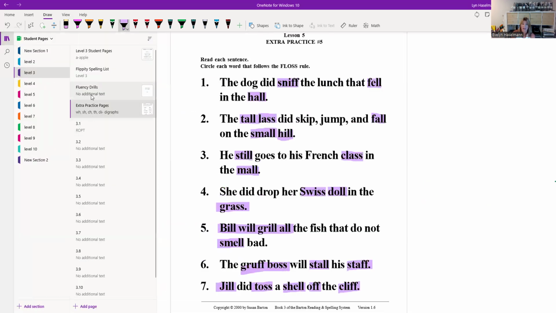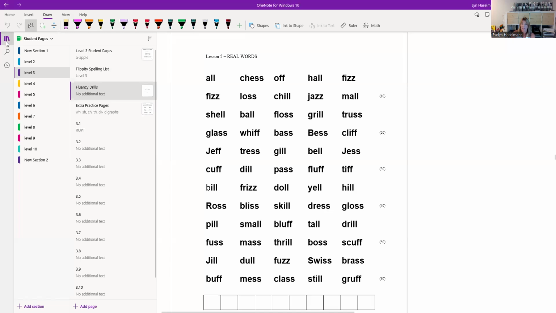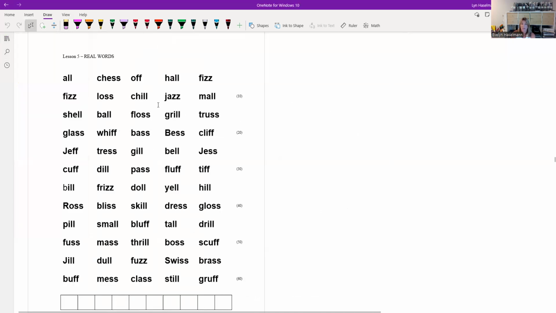The other thing that you have to do is your fluency drills. Like always, it's a good time to make sure that your student knows all these words as far as vocabulary goes. A word like maybe gill, whiff, scuff.